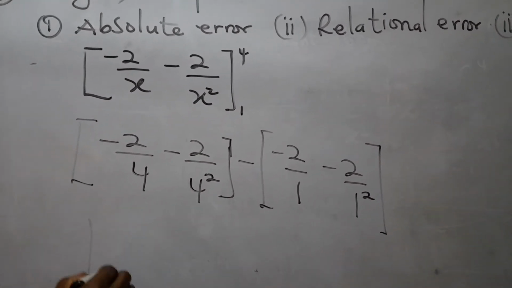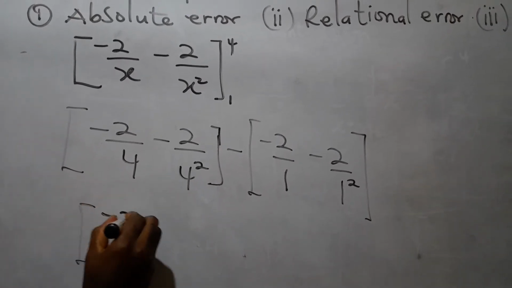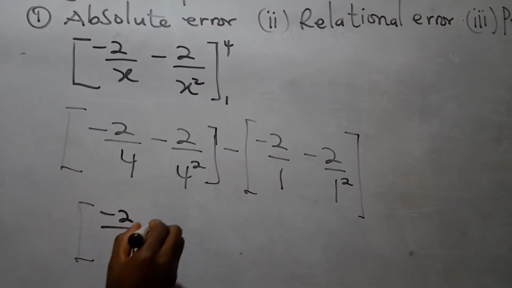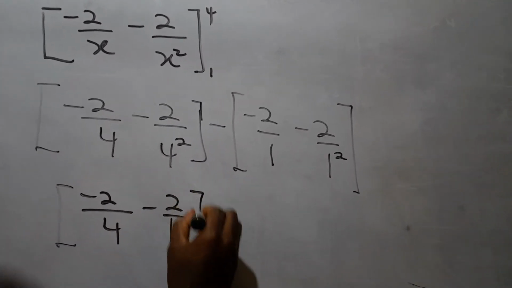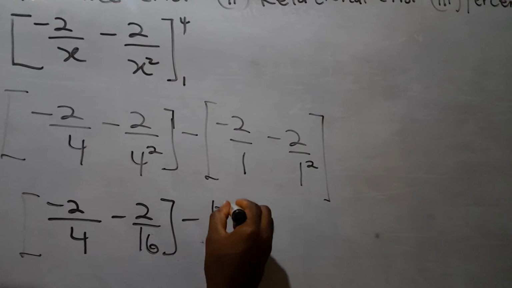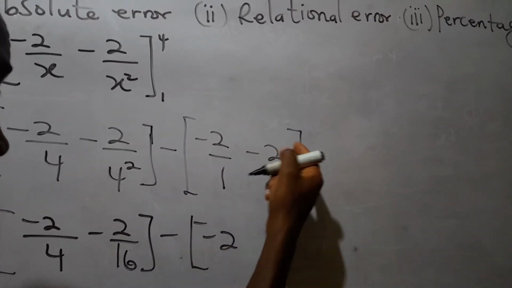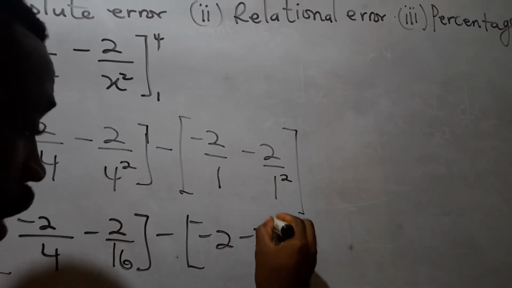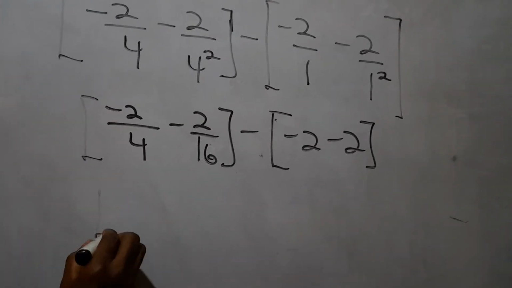So we'll compute this further. We'll get negative 2 over 4 minus 2 over 4 squared is 16, minus negative 2 divided by 1 is negative 2. 1 squared is still 1, divided by that will be negative 2 again. So we'll find the LCM here.